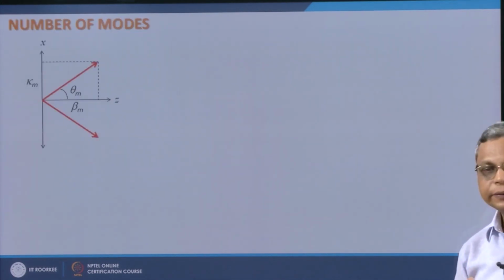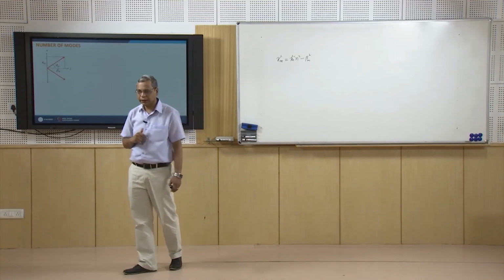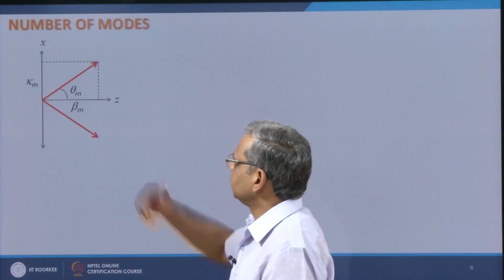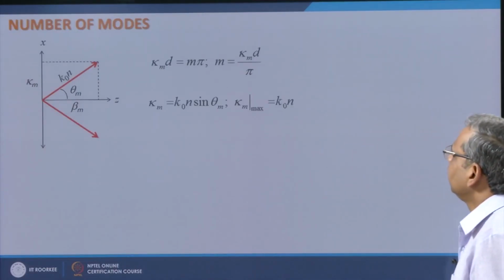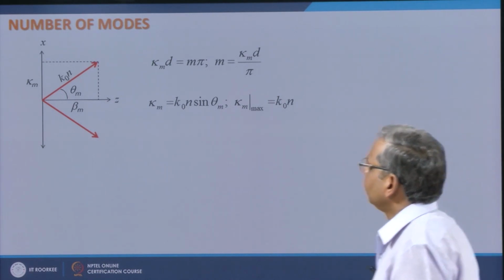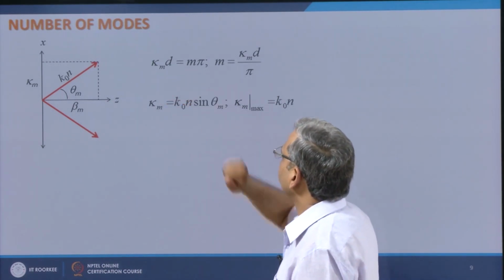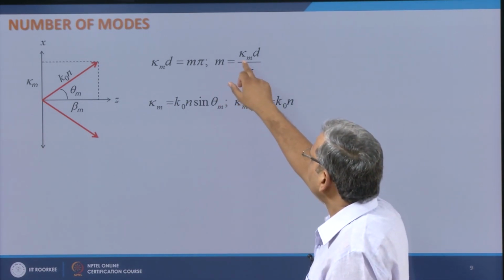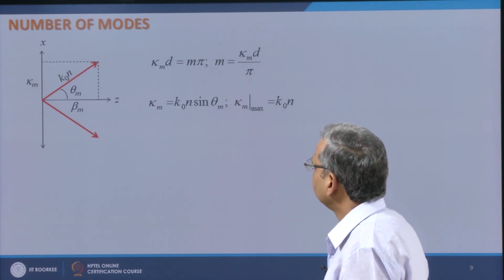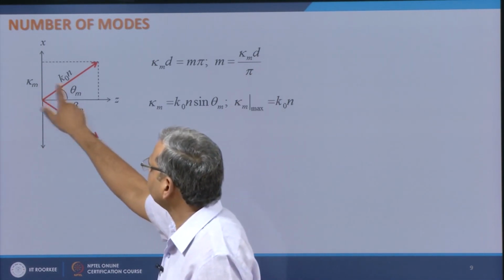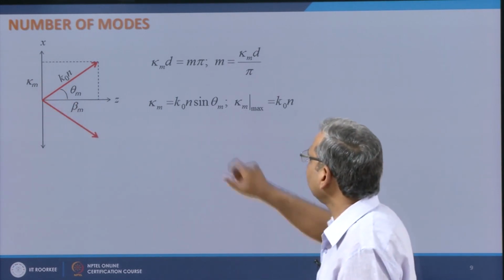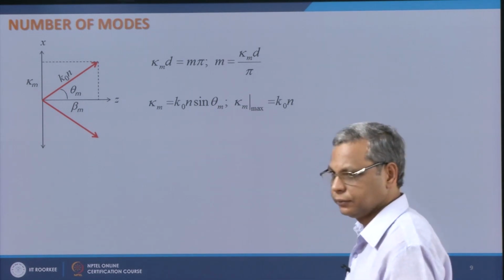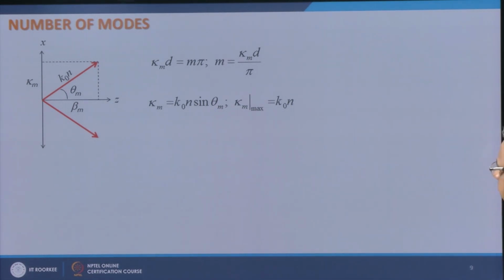How many modes are there for a given waveguide? Let me look at this picture again. From here I know that kappa m d is equal to m pi. So m would be kappa m d over pi, and kappa m is nothing but k naught n sin theta m, and the maximum value of this would be k naught n, because the maximum value of sin theta is 1.